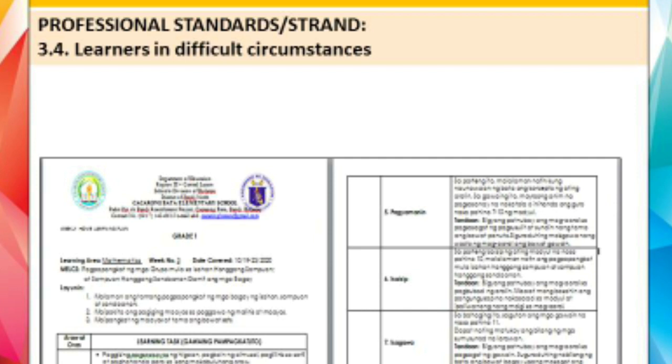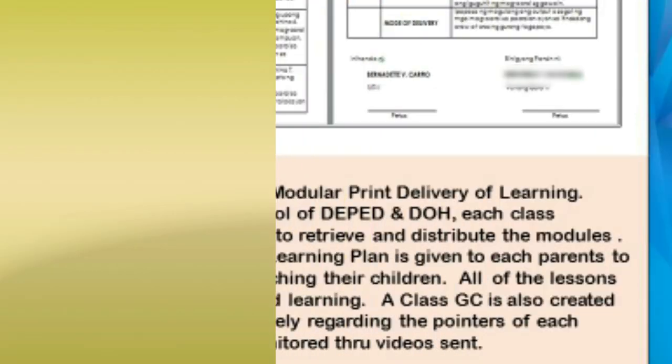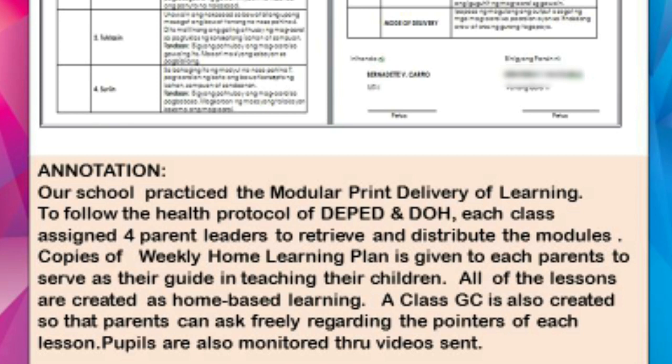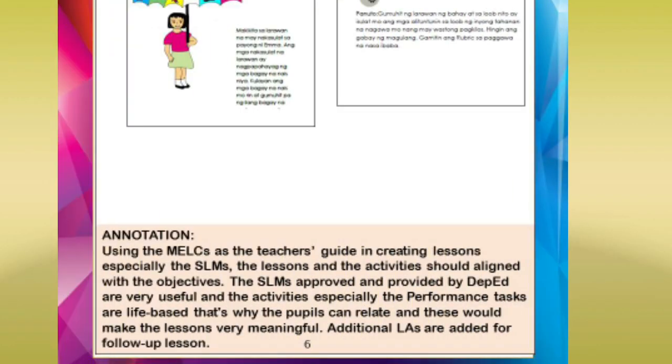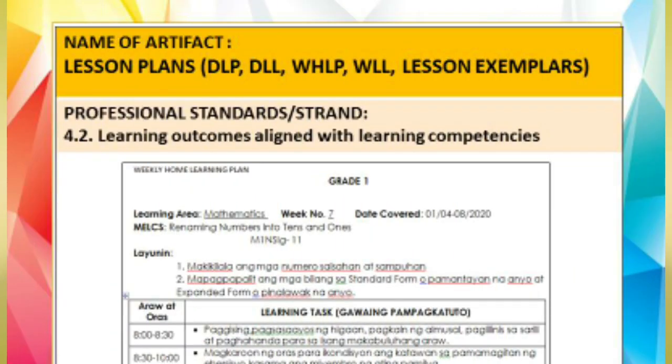Then, sa 3.4, I chose the Weekly Home Learning Plan. So, you need 2 to 3 lesson plans. So, dadagdagan ko pa yung isa. Then, explain on your annotation. Next is 4.1. I chose the performance task and it should jive with the MELC's objectives. Next page is 4.2.